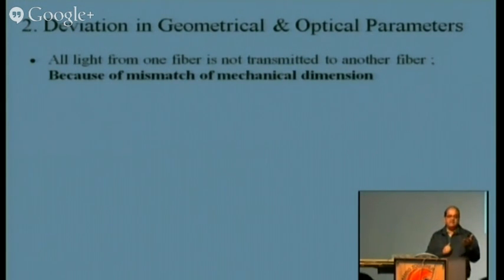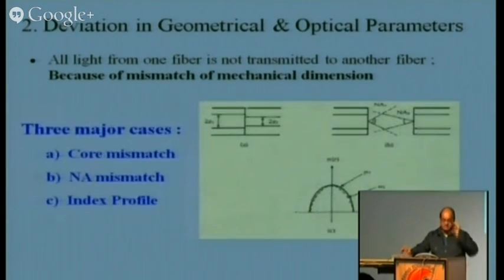And what are the major parameters? One is the core size. Then we have the numerical aperture. So these are some parameters related to optical fibers. This type of deviation may be because of three reasons. One is the core mismatch. Then we have the numerical aperture mismatch.